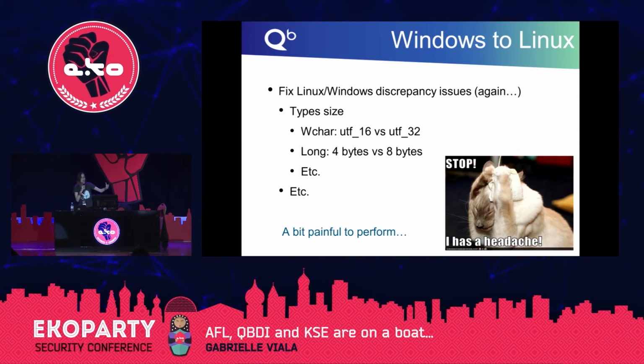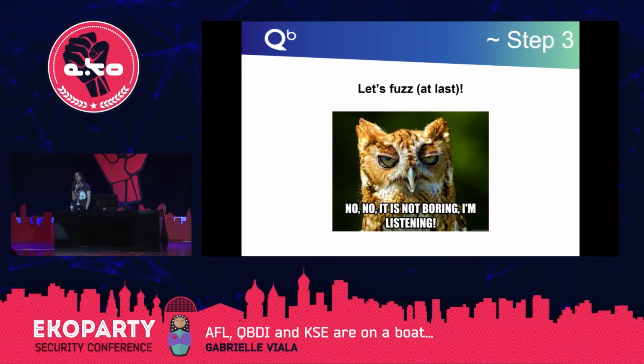So if you're using a wide string created on Windows with a function on Linux, it doesn't work at all. So I didn't find anything better than rewriting the string functions. It was awful, really. Don't do that. Okay, when you finish, you can at least fuzz.